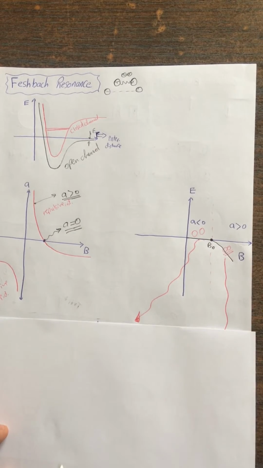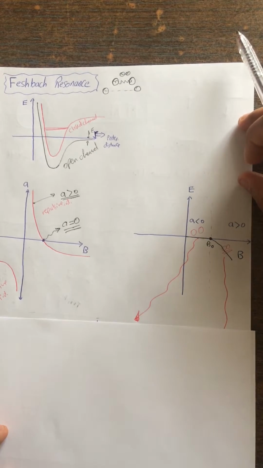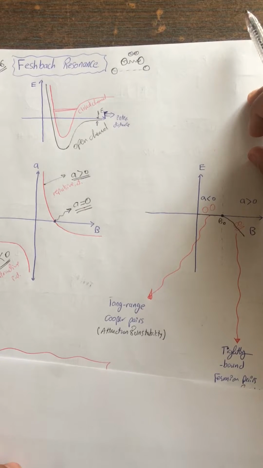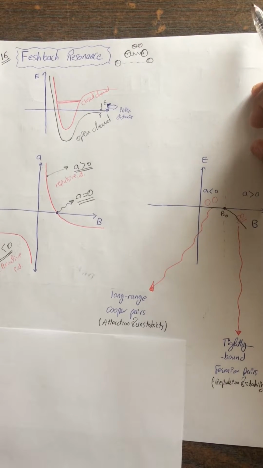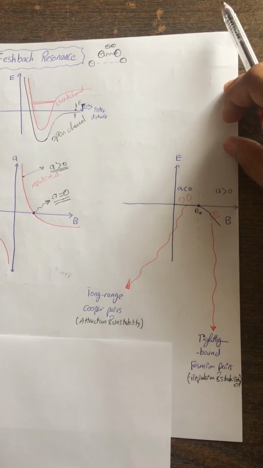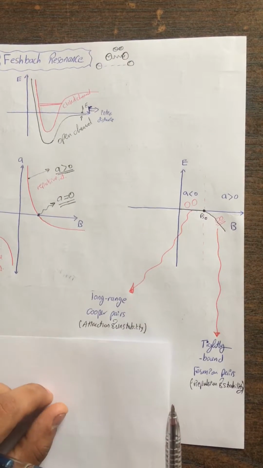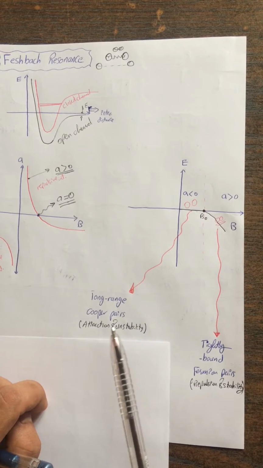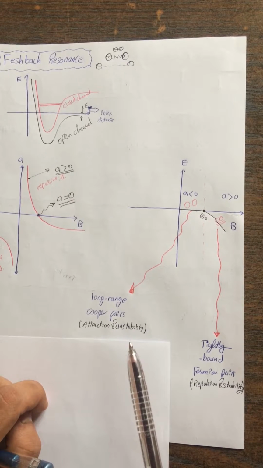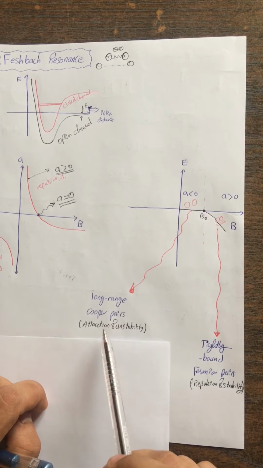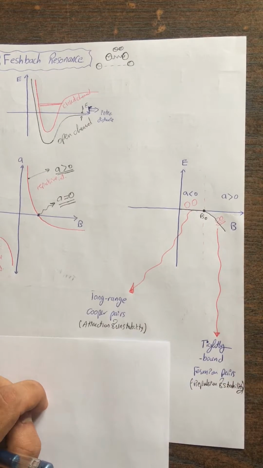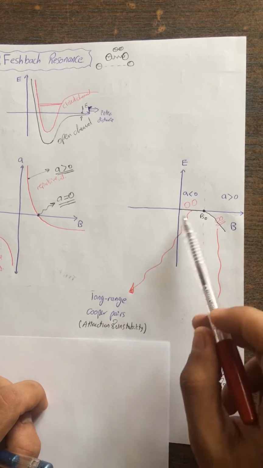Here the scattering length is larger than 0. Looking at those special regions you see here, you can see that this is a long-range interaction, an attraction between the two atoms here. This is forming a Cooper pair.